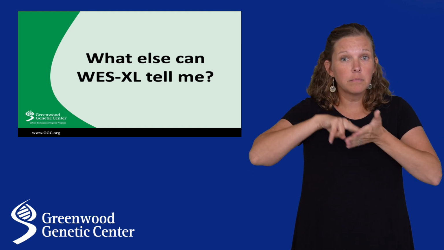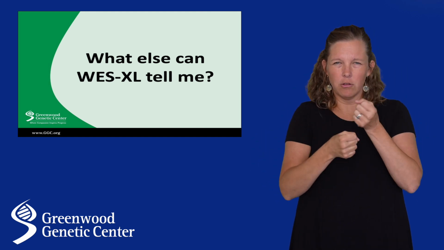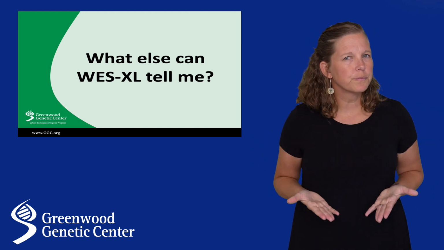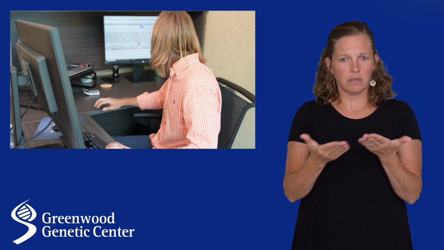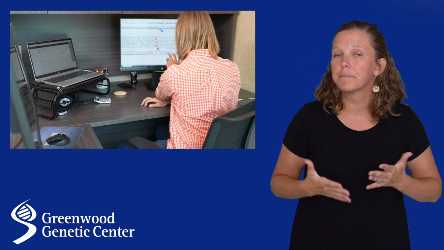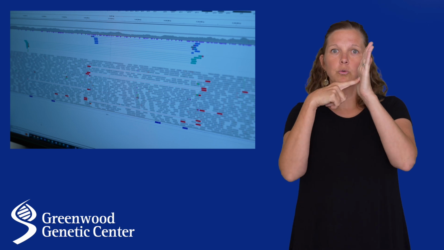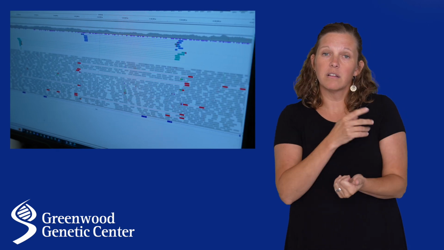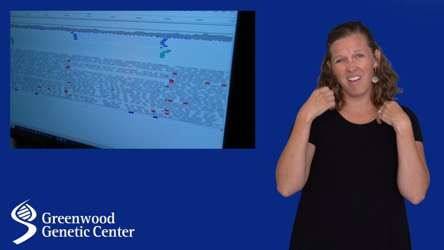The intention of this testing is to identify a cause for a patient's concerns. However, we can sometimes uncover unexpected or incidental information that can impact the patient and/or their family members. For example, the test may reveal that a patient may develop additional health problems in the future.